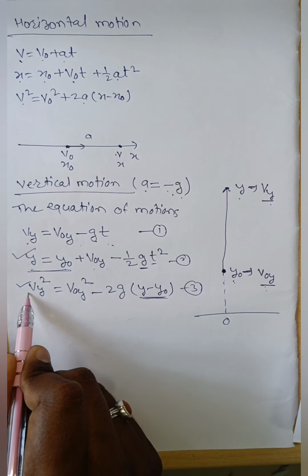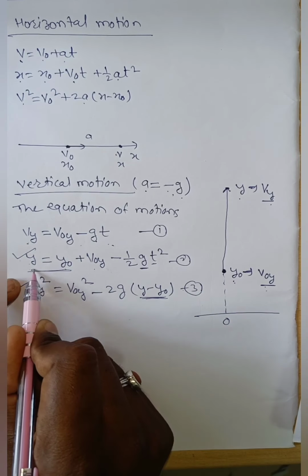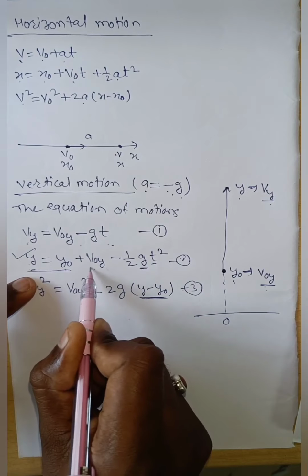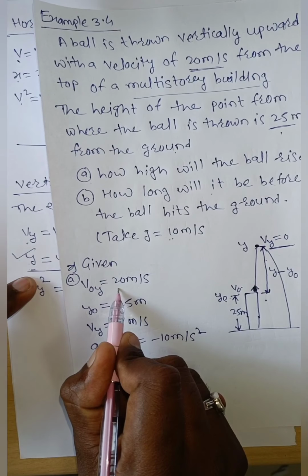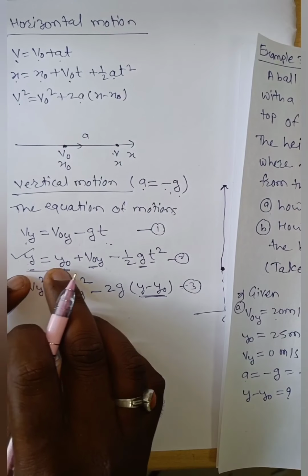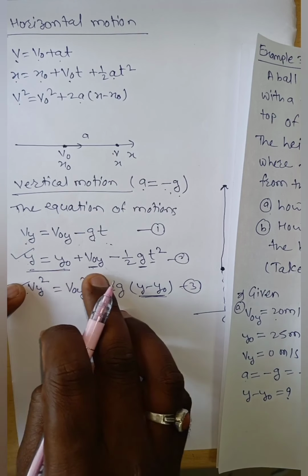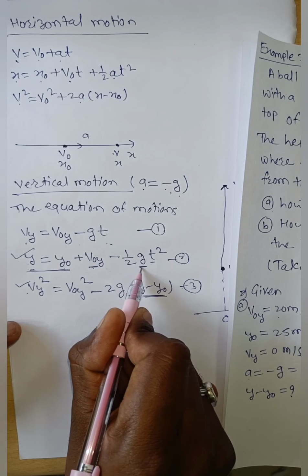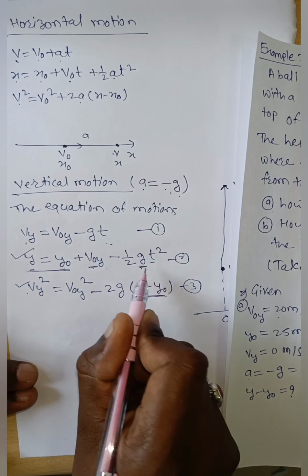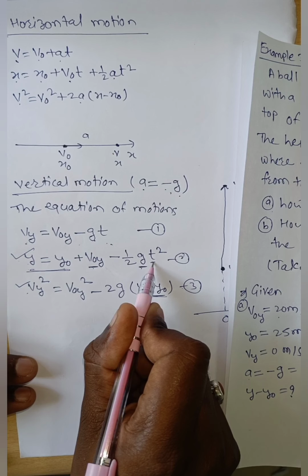But here v naught y is given, and g, the acceleration due to gravity, is given, but t is not given.